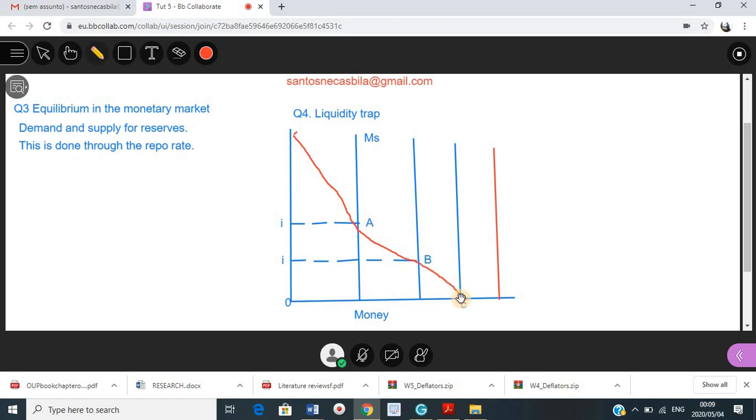From this point, it's no longer going to go down, it's just going to go and go. So from this point, it's no longer advisable for the central bank to keep increasing money supply, because even if the interest rate goes down, even hitting negative points, it's not good at all.